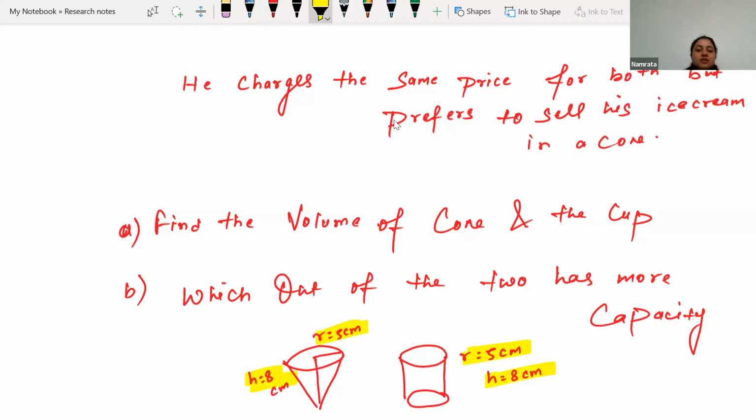Here is also radius 5, height is 8. So both are the same. You have to find the volume of the first one and the volume of the second one separately, just by using the volume formula of the cone and the cylinder. Whichever's volume will be more is having more capacity. That's it. That much you have to do in this question.